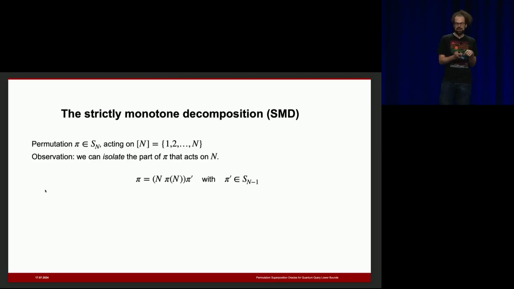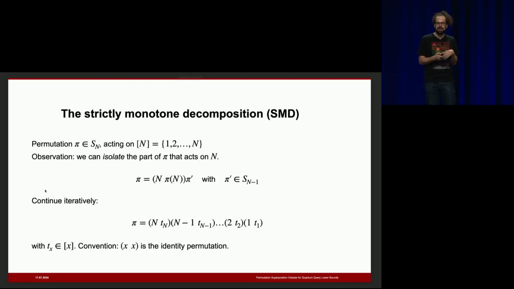And because we just reduced the problem from a permutation in S_n to one in S_(n-1), we can recurse and write pi as this product of transpositions that you see on the screen.